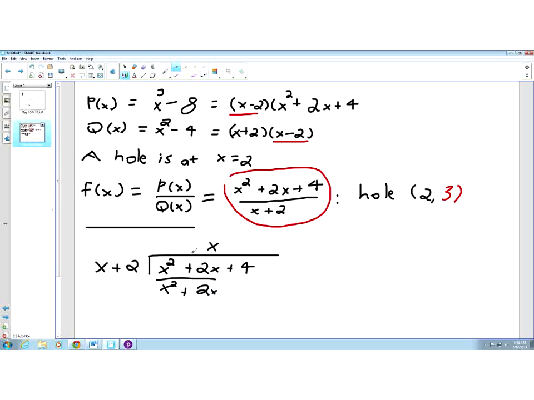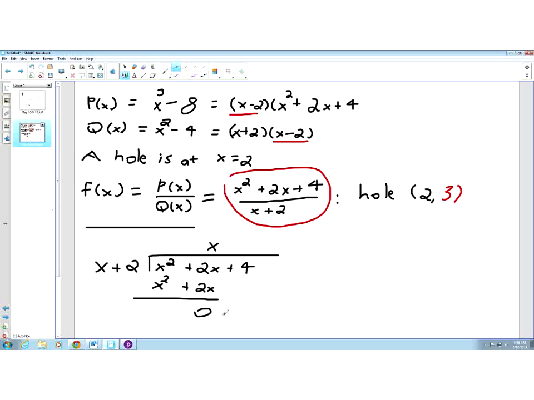So x times x plus 2 is equal to x squared plus 2x, just like you're doing long division with numbers. And then we do the subtraction, and so we're left with 0.